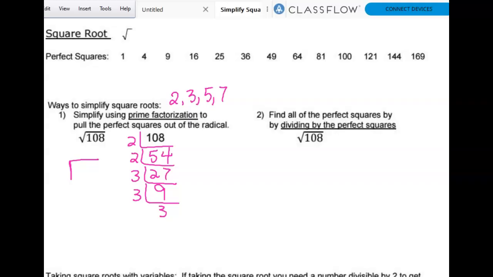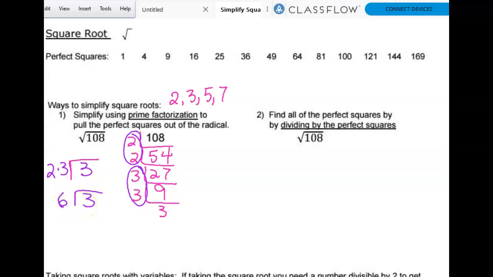So if I look, the 2s, they have dates, right? They get to go outside. The 3s have a date. They get to go outside. Who didn't have a date? That 3 has to stay home. And the numbers that you take outside, we're going to multiply together. So 2 times 3 is 6.